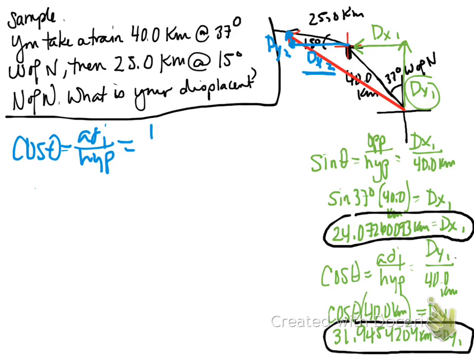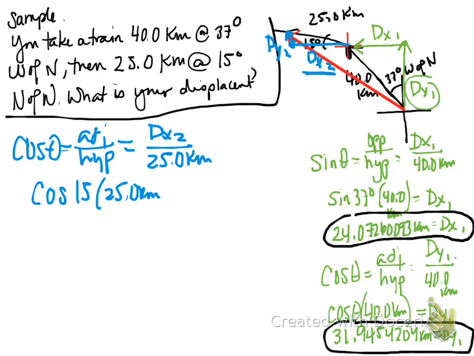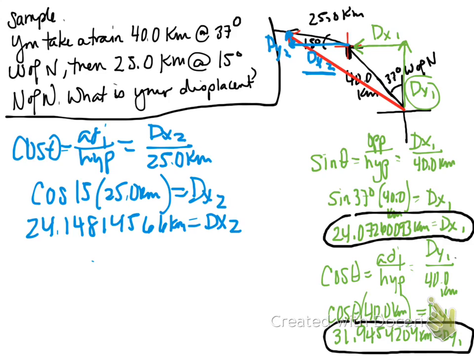And in this case, that will be dx2 over 25.0 kilometers. So we can solve that for dx2. Cosine of 15 times our 25 kilometers equals displacement on the x2. Okay, so I'm getting 24.14814566 kilometers is our second x displacement.